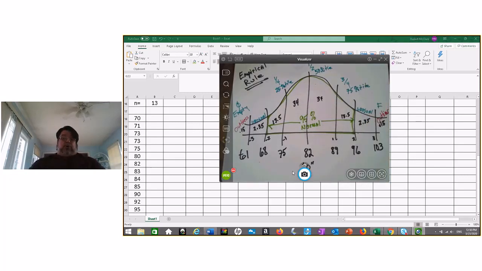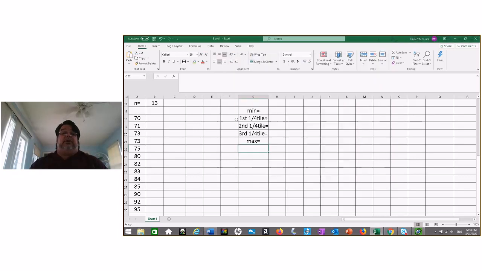So when you see on a test and they're talking about the percentile, that means quartile. This is the 25th percentile. This is the 50th percentile. And what is the next one? The 75th percentile. Now, the 50th percentile, that's unique.